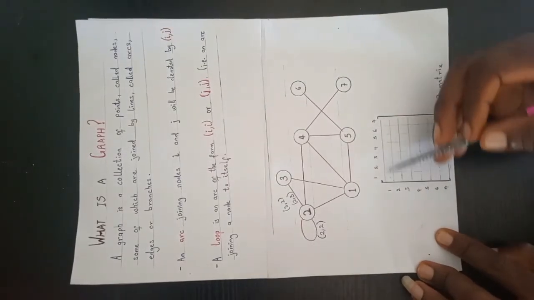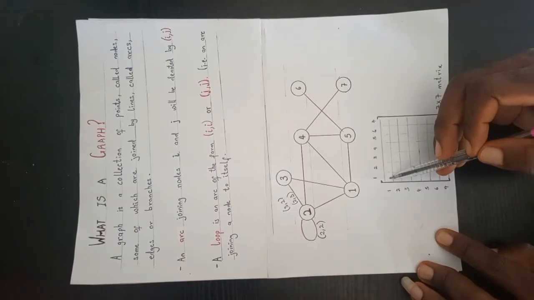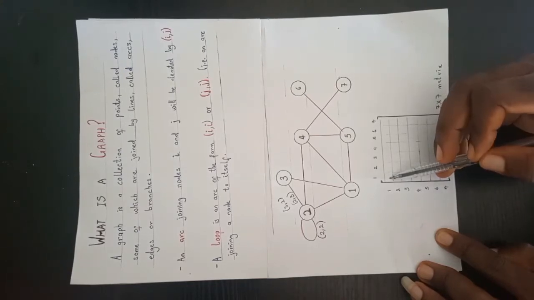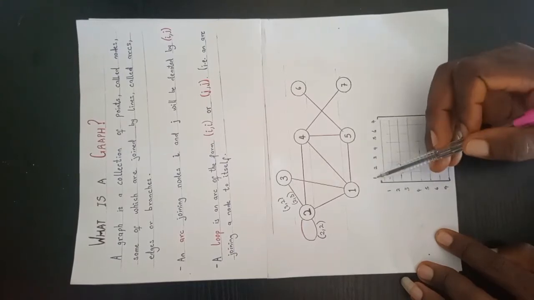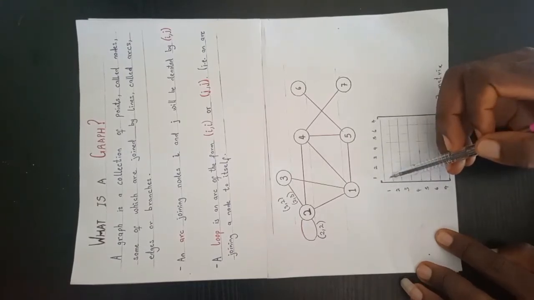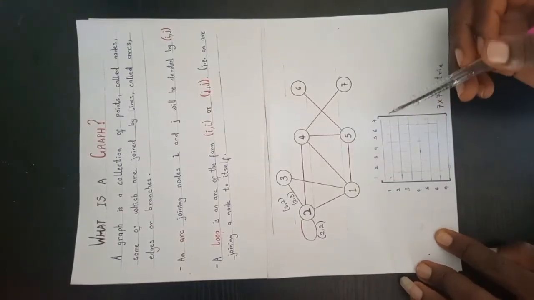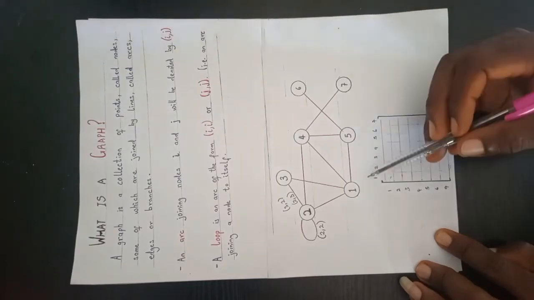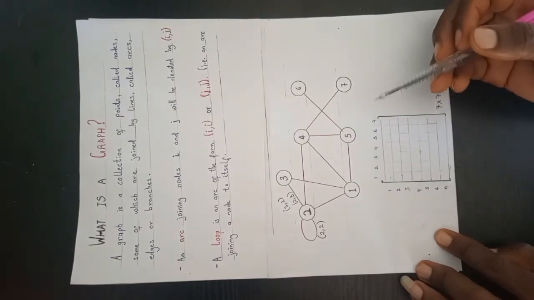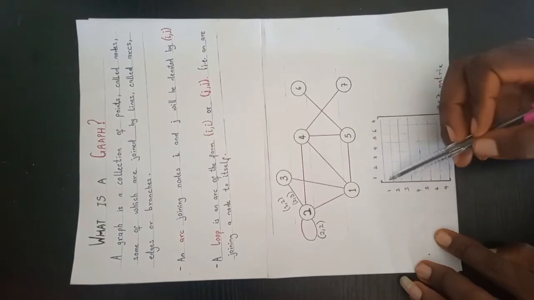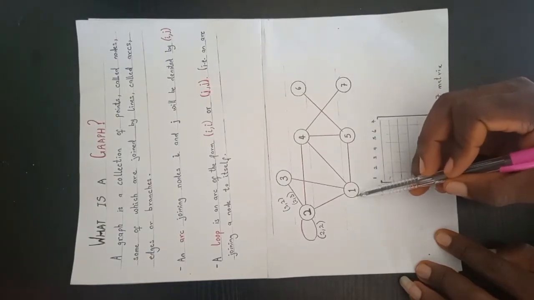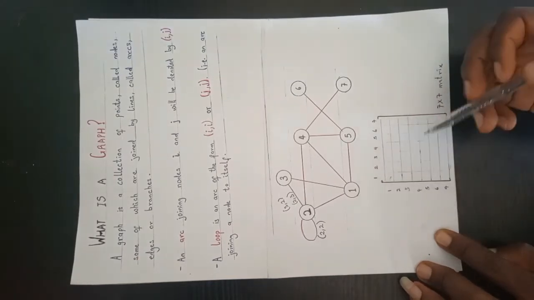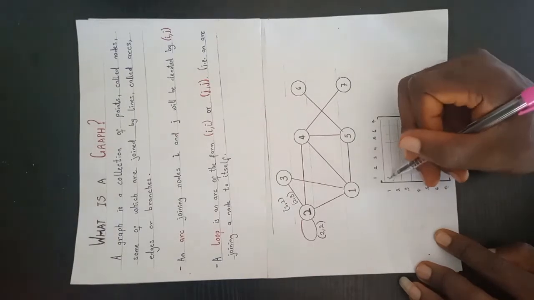This place is supposed to represent the arc (1, 1). So we check in the graph, is there any arc that can be labeled as (1, 1)? We should know that this (1, 1) should be a loop, that is an arc that is joining 1 to itself. Right here at 1, we don't have a loop, and what it means is that we will have 0 here.